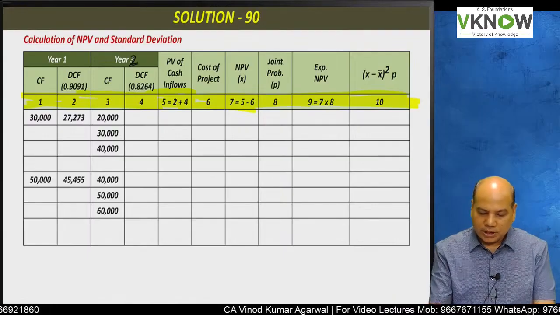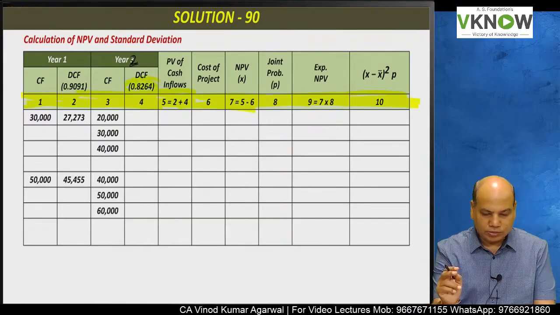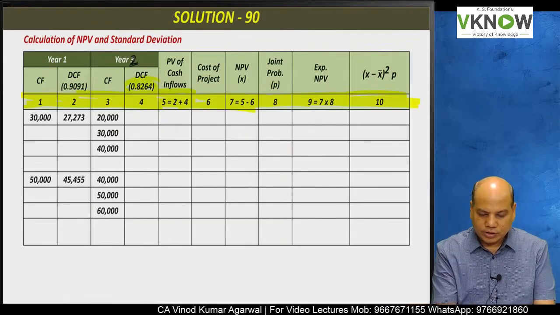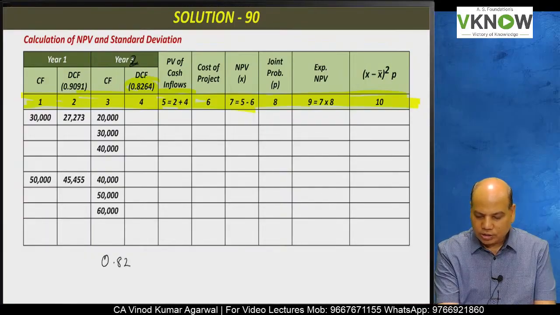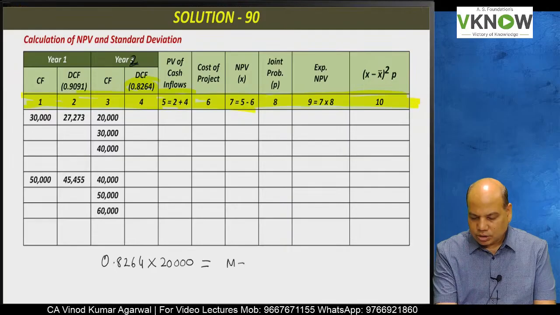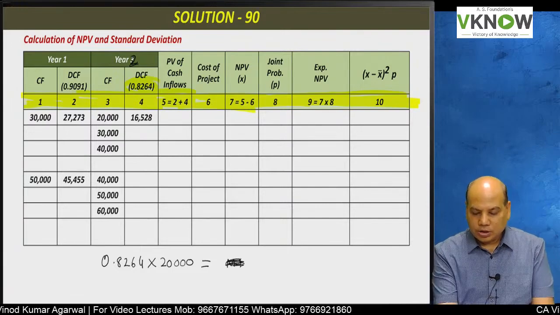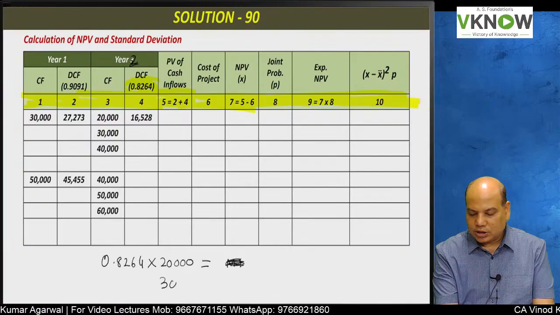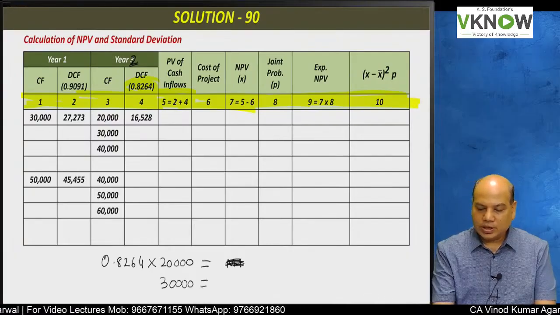Now you have to multiply by a common number, 0.8264. The first time you multiply, take 0.8264, then 20,000, press equal to, also press equal to, you will get 16,528. Now you just type 30,000 and press equal to, you will get the answer.